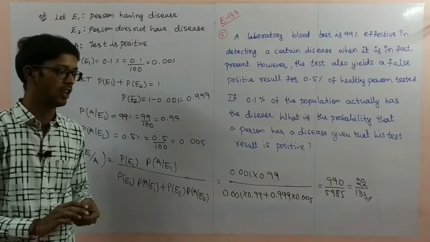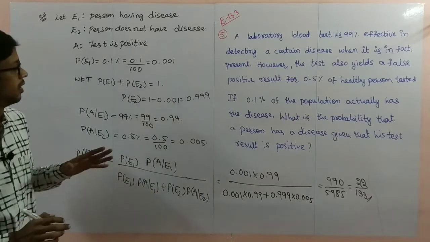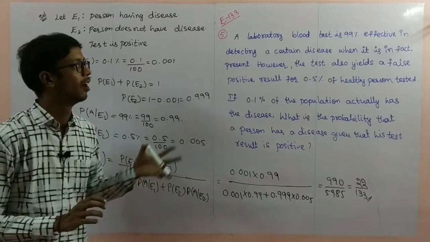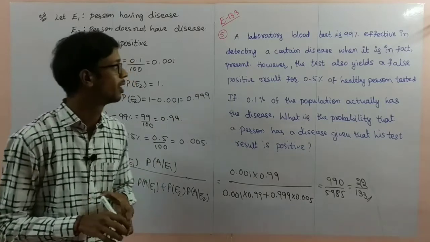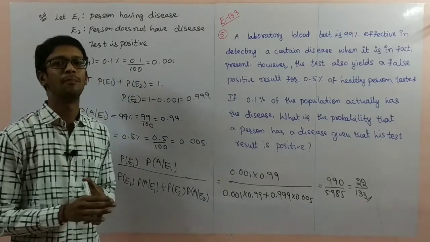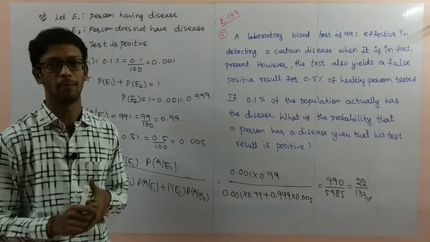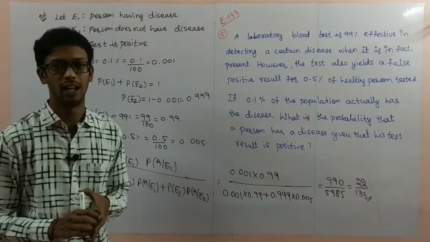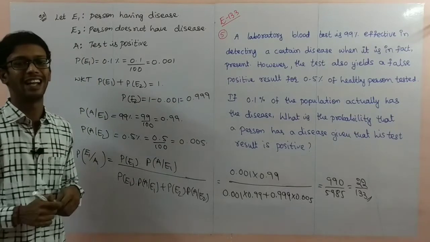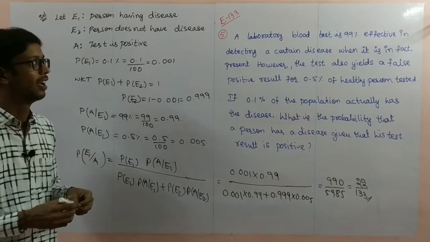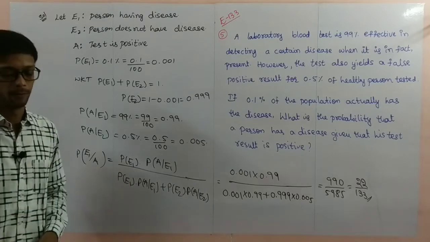This is the way of finding such laboratory testing problems. One example is there, example 18, HIV positive and negative testing. It is the same type of question. Take example 18 as homework and pause the video to note it down.